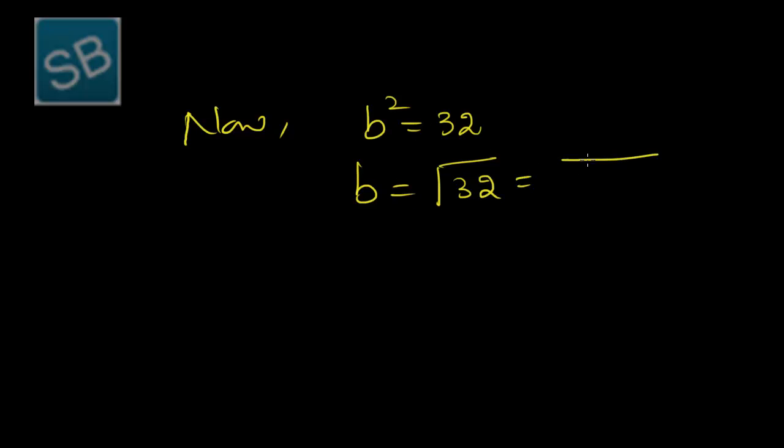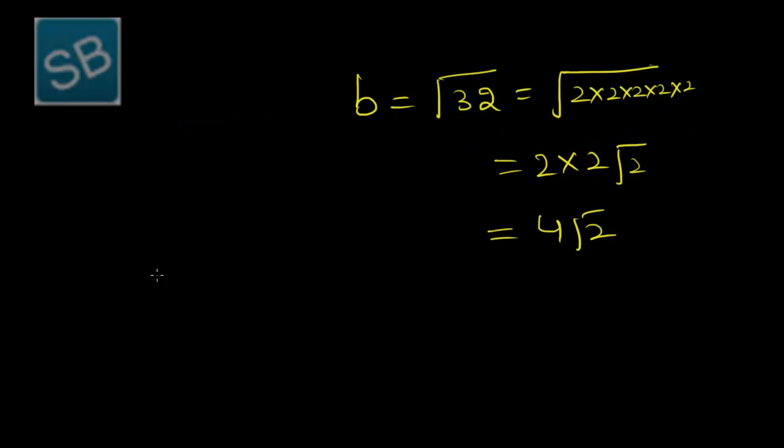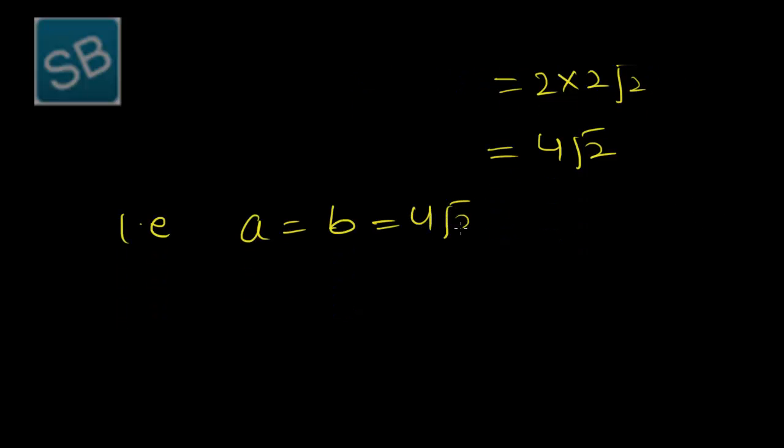And now we have b square is equal to 32 and b is equal to under root 32, that is 2 raised to power 5. So we get 2 into 2 out, under root 2 is there. That is 4 under root 2. That is a is equal to b, which is equal to 4 under root 2.